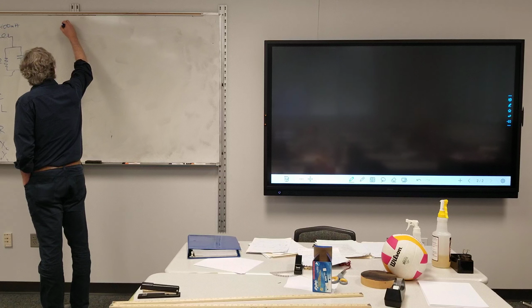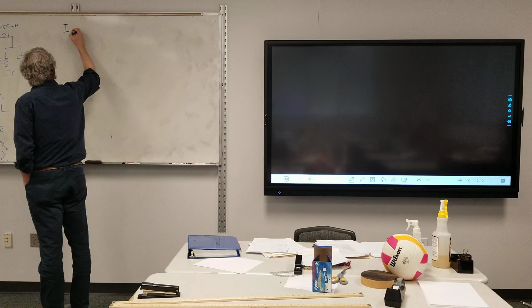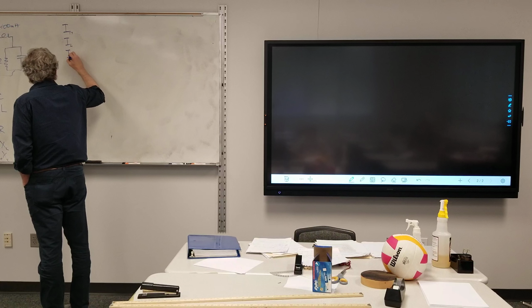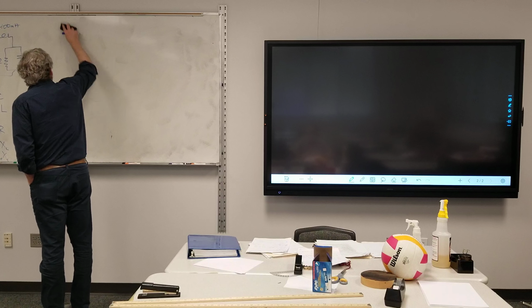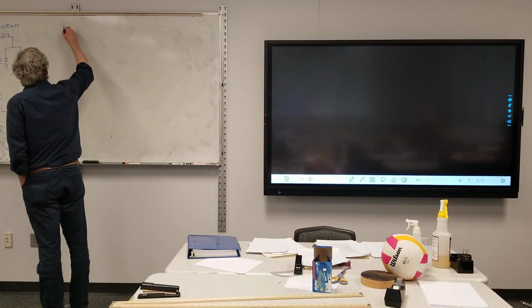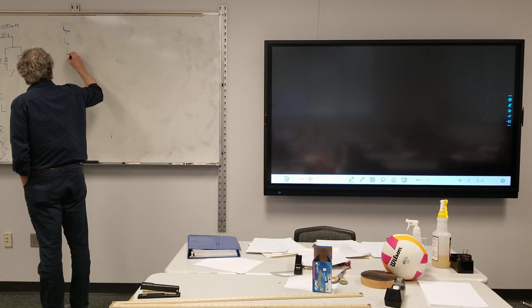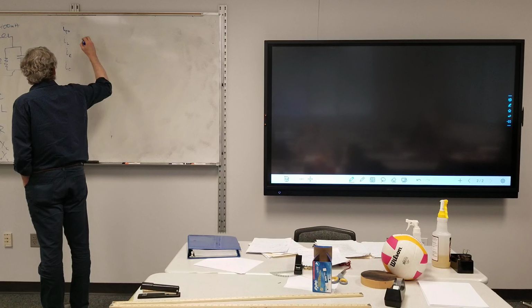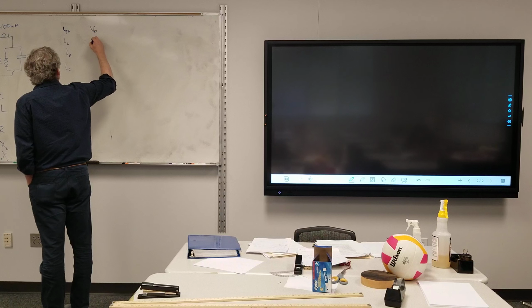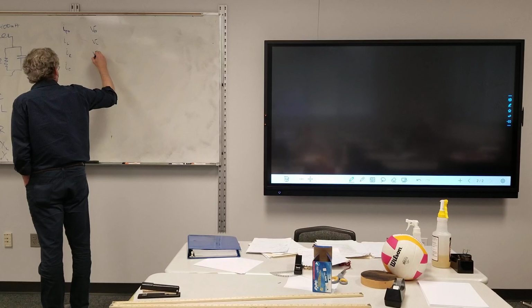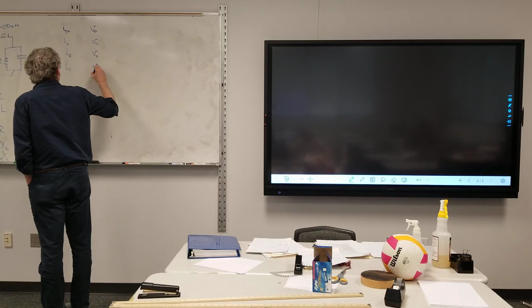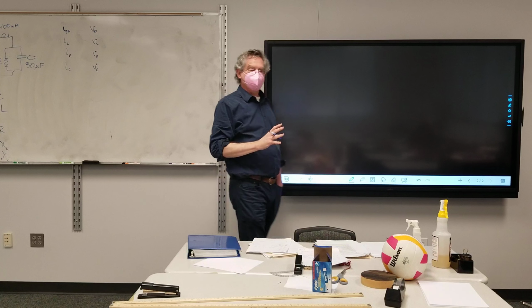I have current out of the power supply, current through the inductor, current through the resistor, and current through the capacitor. And then I have voltage for the power supply, voltage for the inductor, voltage for the resistor, and voltage for the capacitor. Those are the 8 equations I'm trying to find.